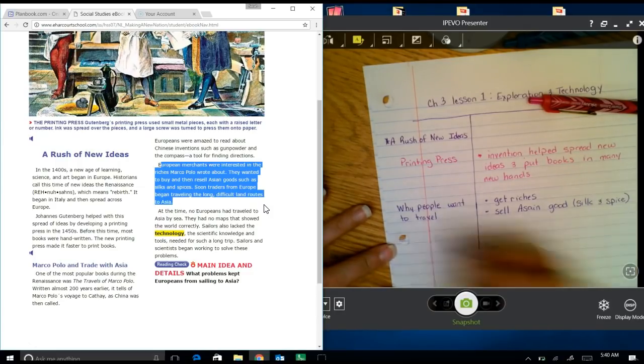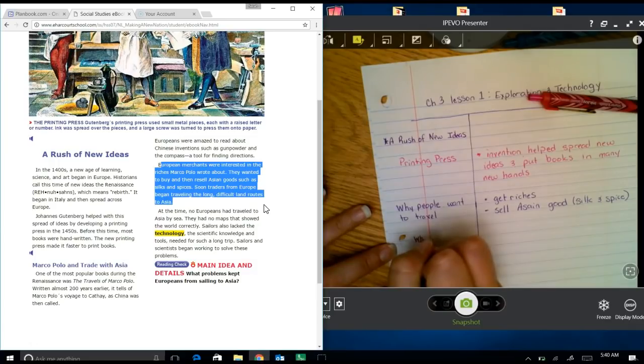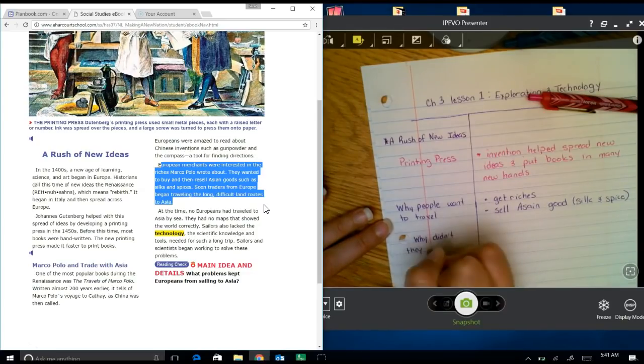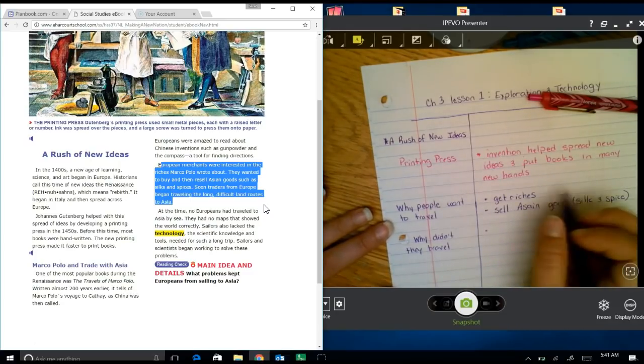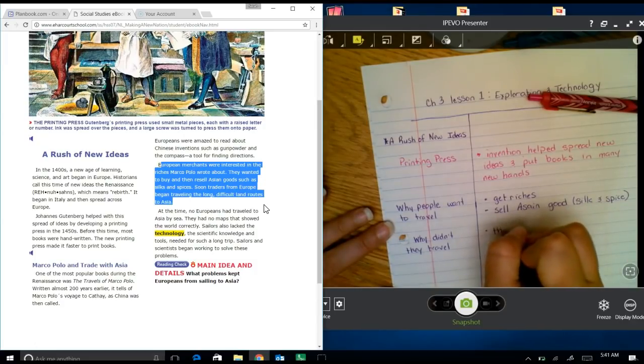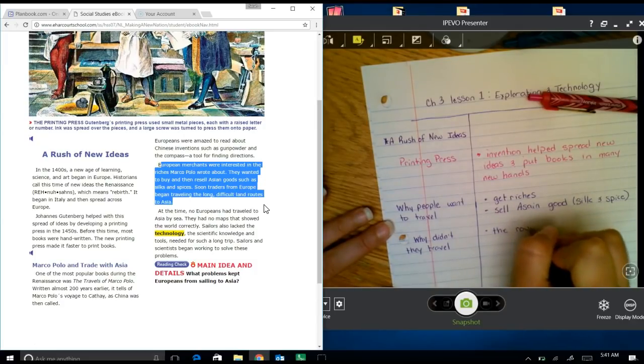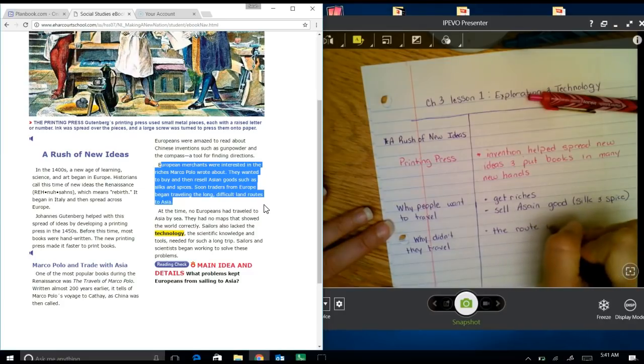Okay, why didn't they? Well, they didn't travel because along land, it was a very difficult route, okay? The route was difficult along land.